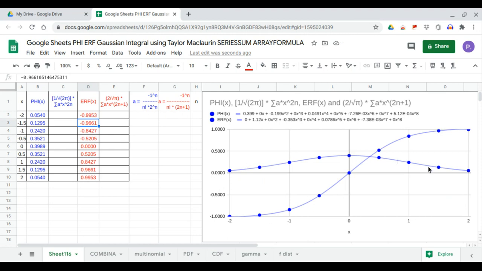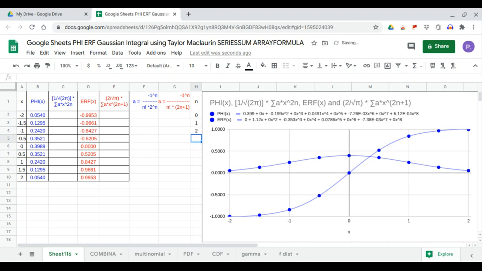We'll derive this using the Taylor-Maclaurin series sum from the Gaussian integral and the Gaussian function. We begin with the phi function, which is equal to 1 over square root of 2 pi times the summation of a times x to the power 2n, where our value of n is from 0 to infinity.